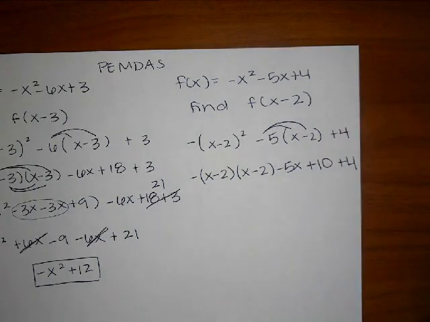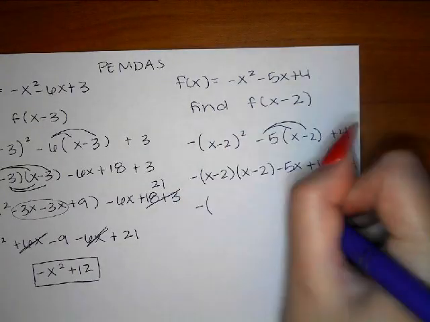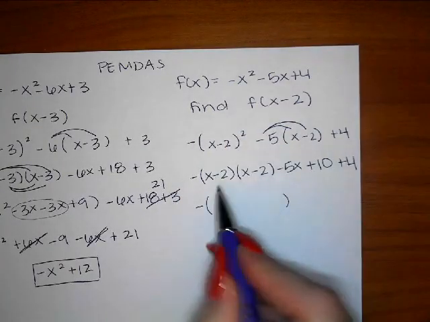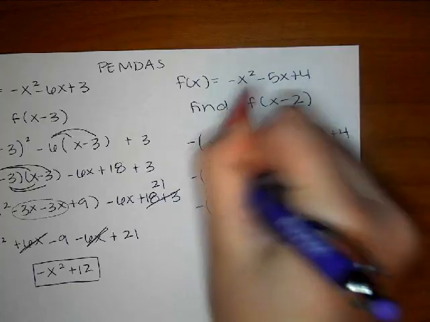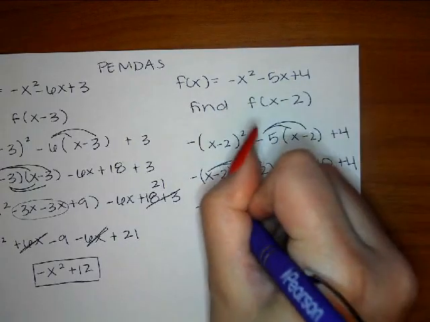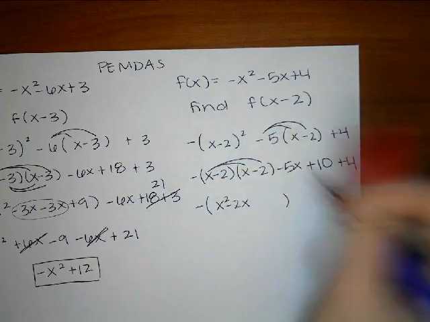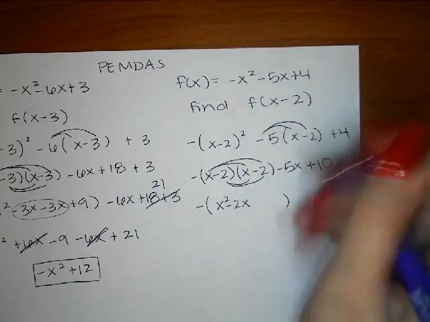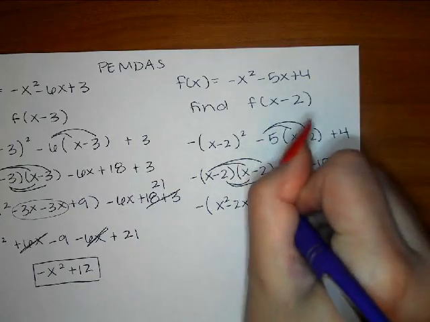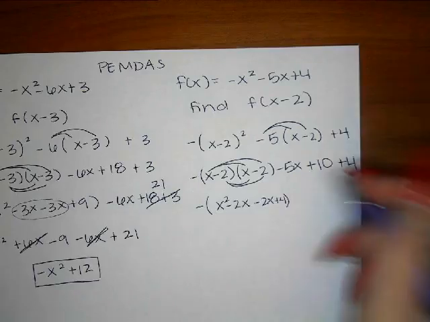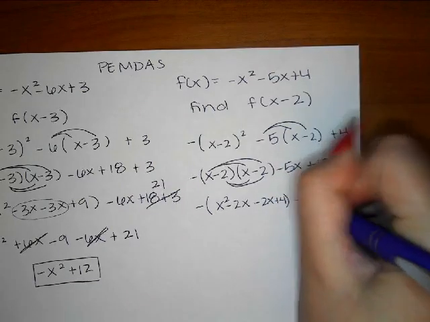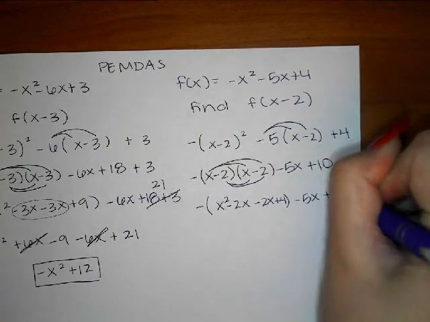Okay. So I've got negative, and then I need to FOIL this out. So x squared minus 2x, negative 2x plus 4, minus 5x plus 14.